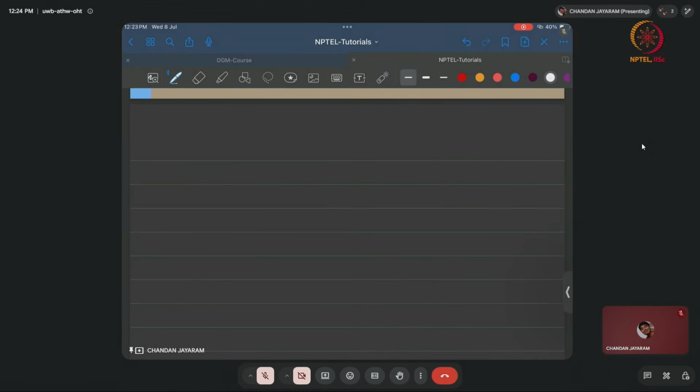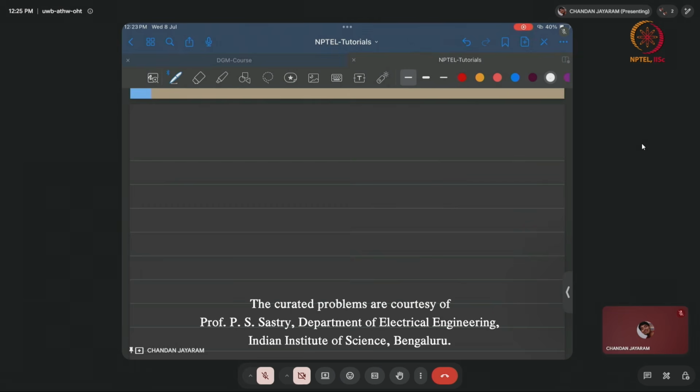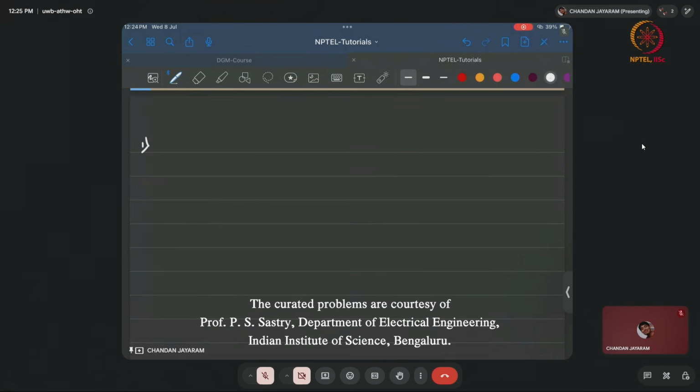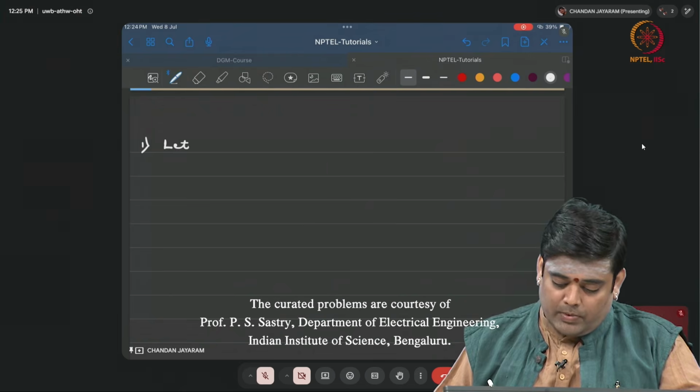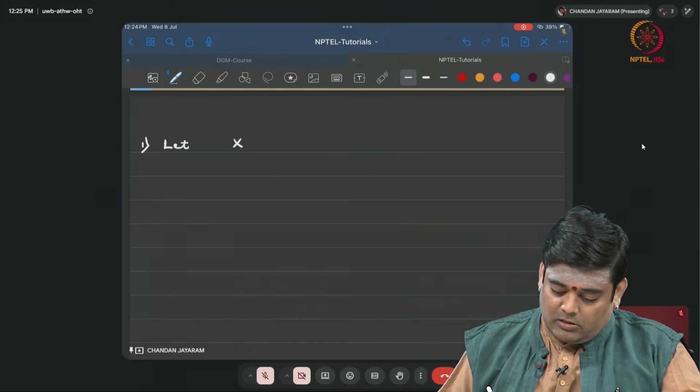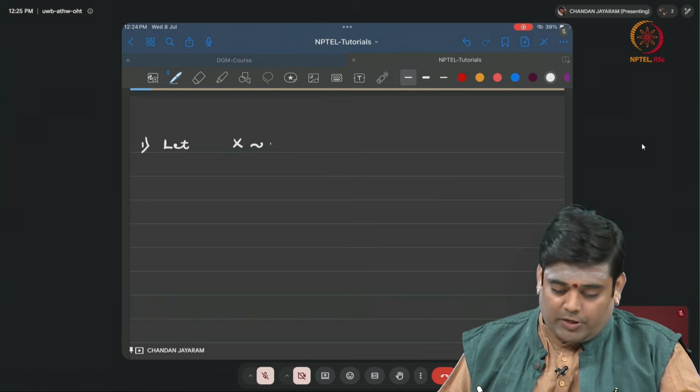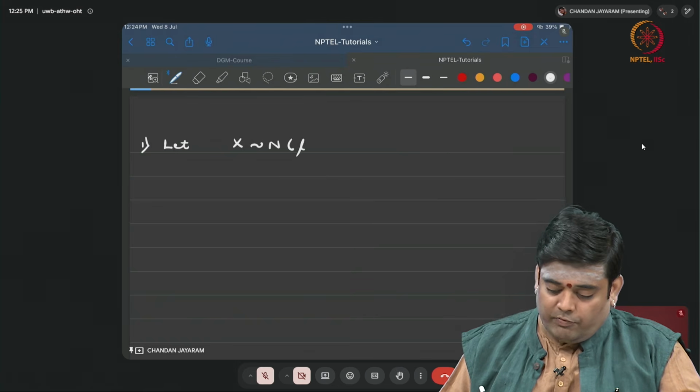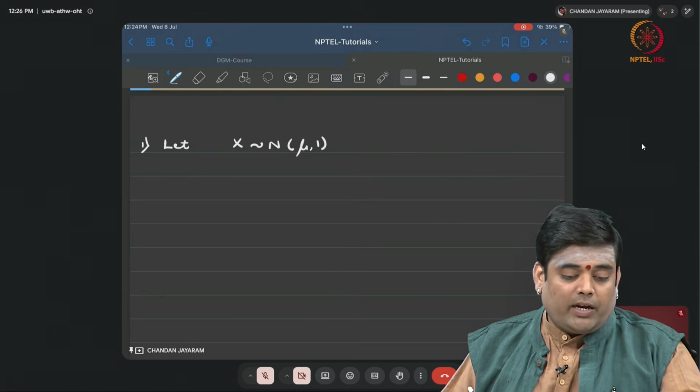In the first numerical problem, our main aim is to understand maximum likelihood estimation, MLE. The problem goes like this: let x be from a normal distribution with mean mu and variance 1.